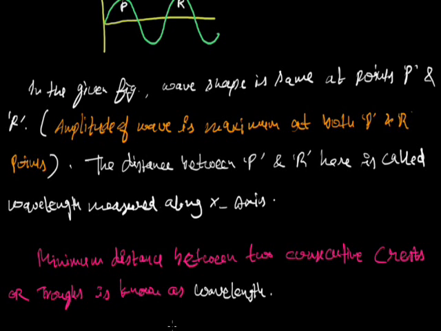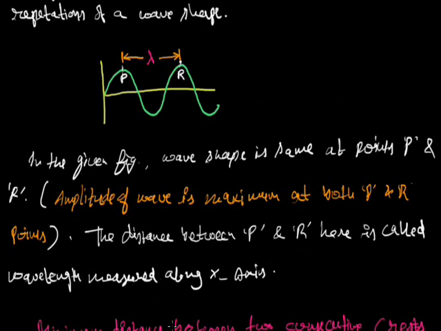You can see in the diagram given above where the points P and R at the crest of the waveform, and both of the crests are consecutive. It means the distance between two consecutive crests will be called the wavelength.